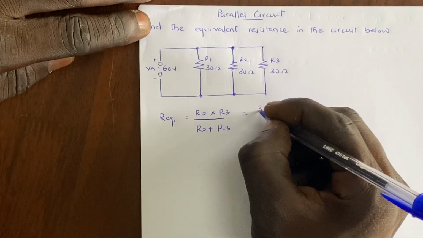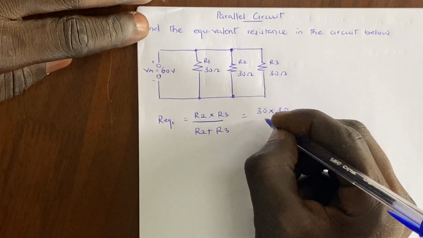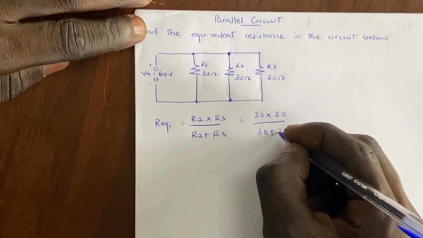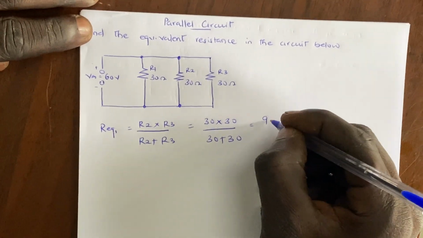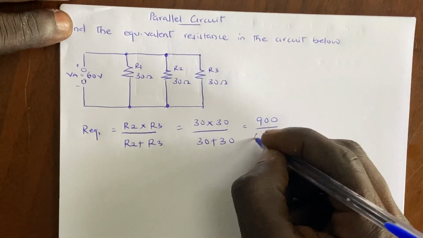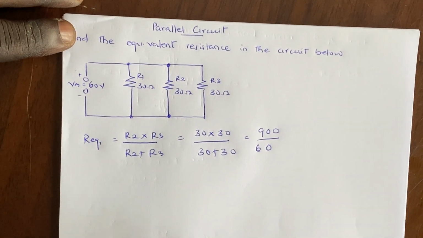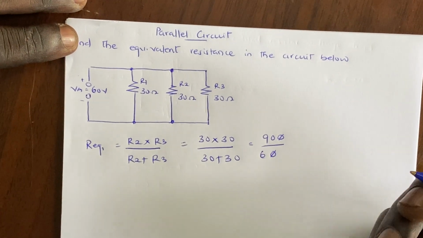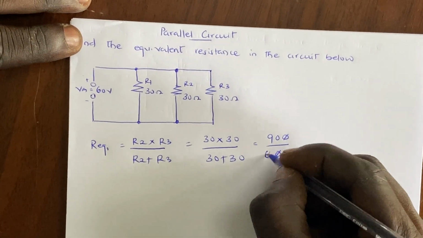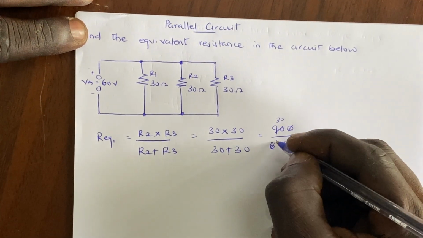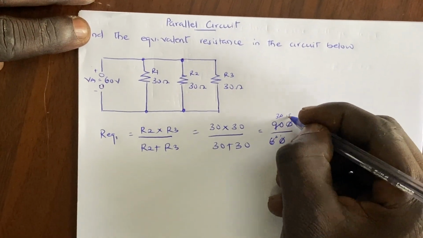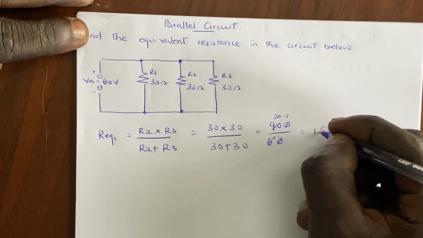We are getting 30 times 30 divided by 30 plus 30. I hope you understand that. So here we get 900 over 60. We can cancel this out: 3 goes into 60 and 3 goes into 900, then 2 goes here 1 and 2 goes here 15. So we get 15 ohms.